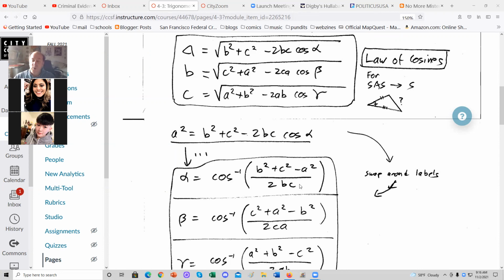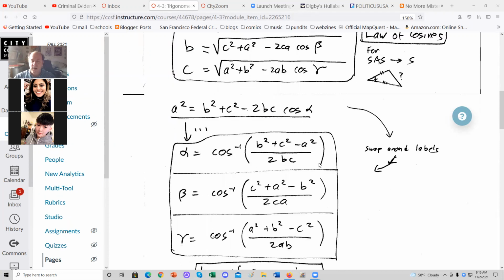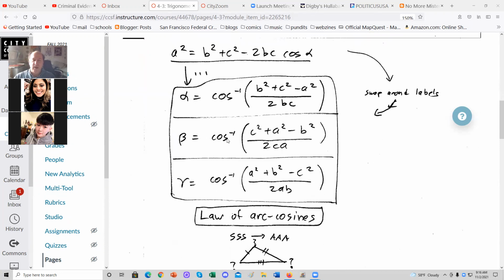Now, okay, if you swap around labels like we did here, we get beta is arc cosine of C squared plus A squared minus B squared over 2CA. Gamma is arc cosine of A squared plus B squared minus C squared over 2AB. In each case, the angle is arc cosine of the sum of the squares of the adjacent sides minus the opposite side squared over twice the product of the adjacent sides.